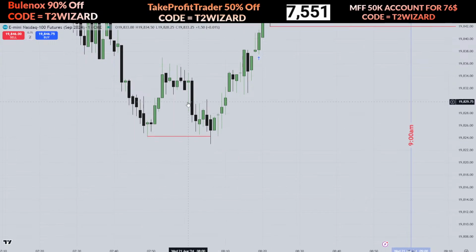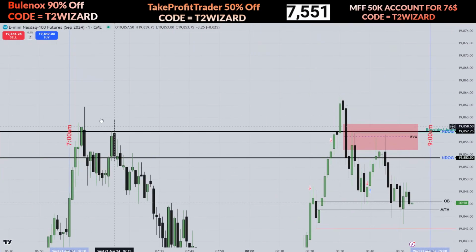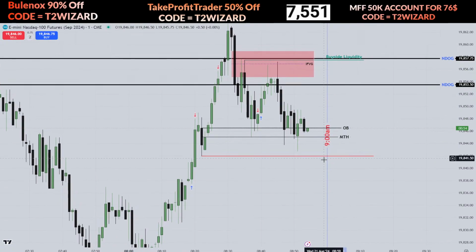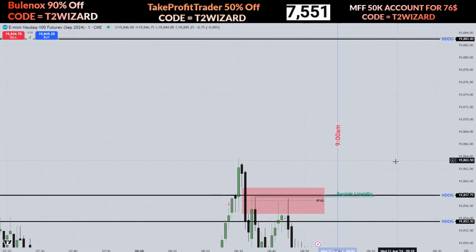Look, all the 8 o'clock candles. What has it done? It made relatively equal lows, took those relatively equal lows, went higher to take these relatively equal highs. What is it going to do around 9 a.m.? Is it going to take this sell side liquidity, then go for that buy side liquidity, or is it going for that buy side liquidity, then come back again for the sell side liquidity, or will it take that buy side liquidity, then keep going higher?